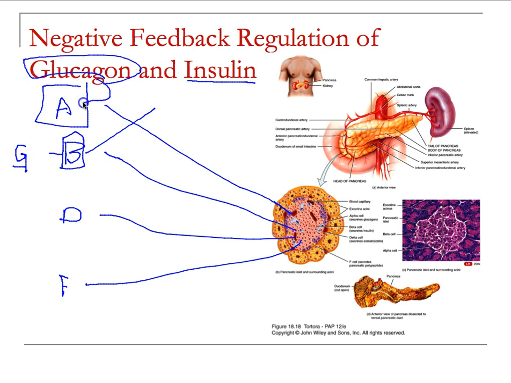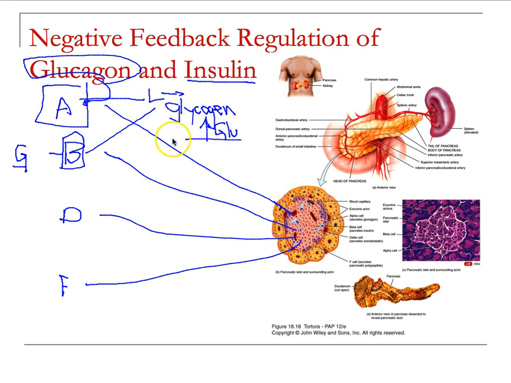And glucagon is going to travel to primarily the liver, where at the liver it will cause the hydrolysis of glycogen, which is the polymer, right, of glucose, to release that into the bloodstream and therefore increase glucose levels.